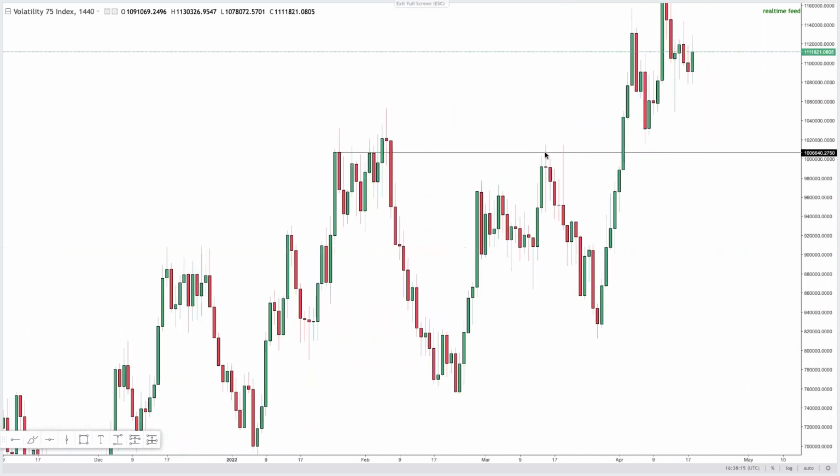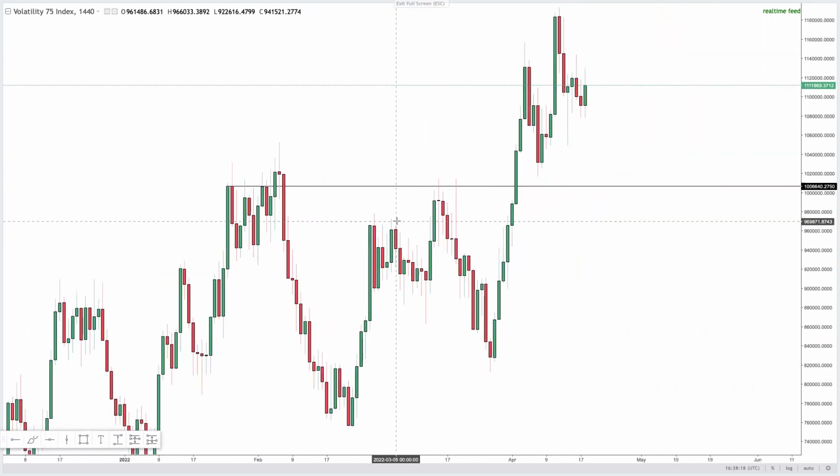Let's try to look at this example right here. We had a daily candlestick confirmation, a reversal candlestick right here.